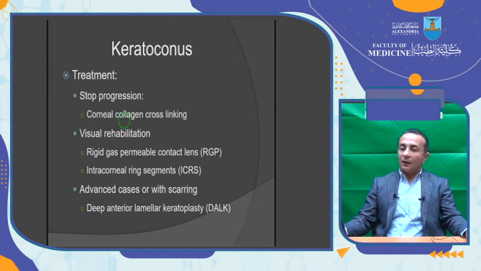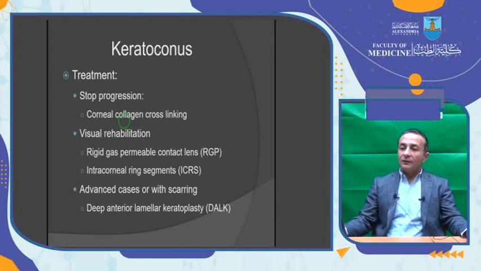We put riboflavin in the corneal stroma for about 15 minutes, and then we apply ultraviolet rays to the cornea. This may result in increasing the strength of the cornea due to increase in the collagen bonding between the collagen fibers in the corneal stroma.